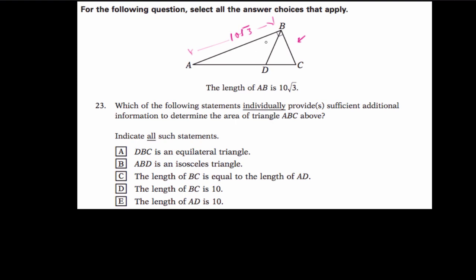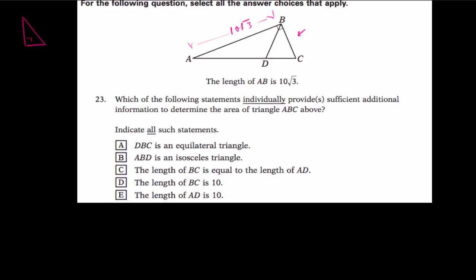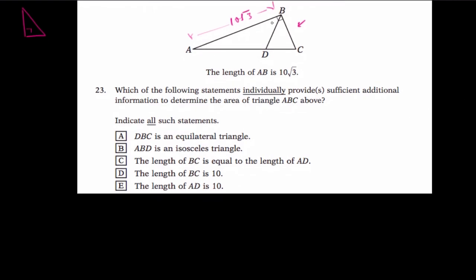To explain this, let me redraw this triangle. I want to redraw it in this format, like a normal triangle, so that we can see a better explanation. So if I want to draw this like this, you would have something like this. So I want to trace the triangle.